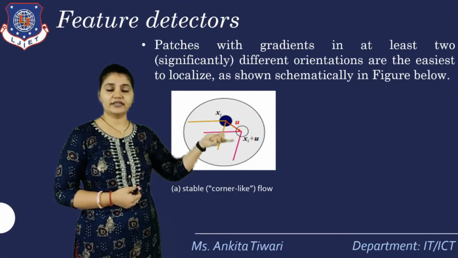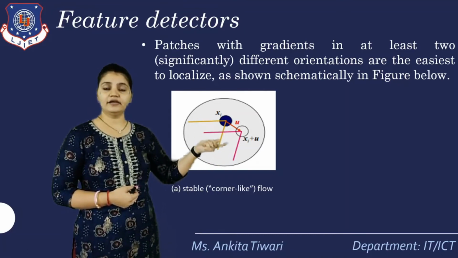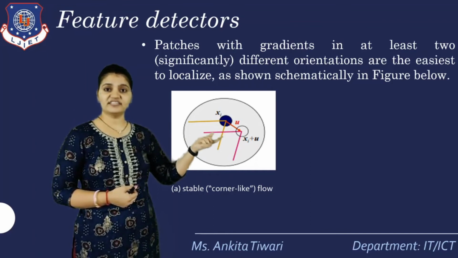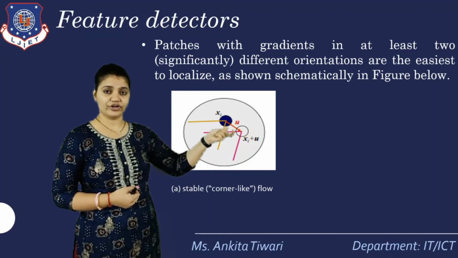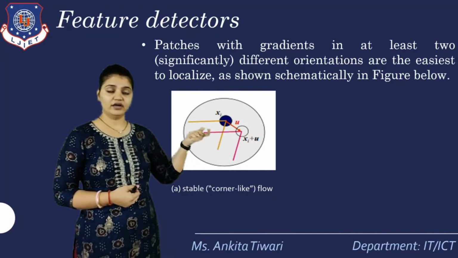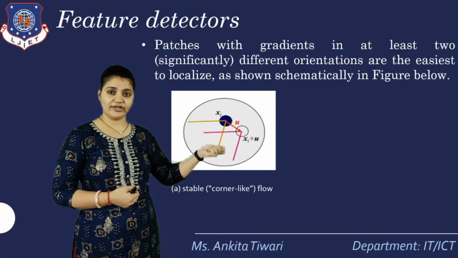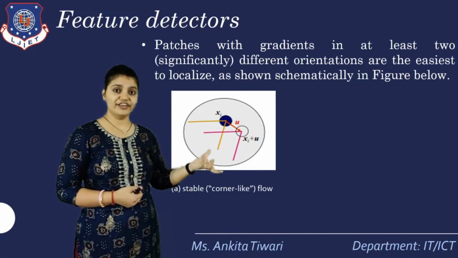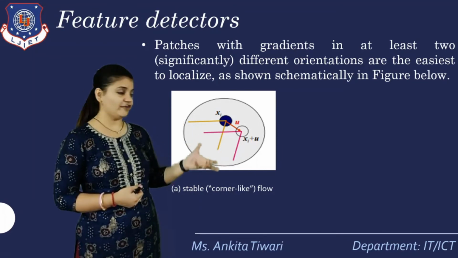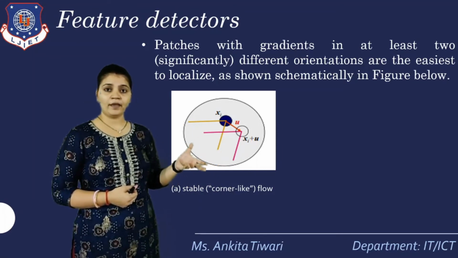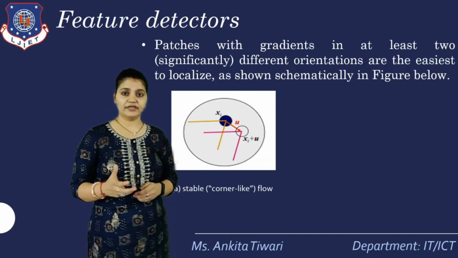That is taken in the form of x of i plus u, the distance that we have taken, that is x with respect to this, the u distance that is already there. That will be added to the aperture center point as well. So x of i plus u will give you the stable, corner-like flow that we have to take.